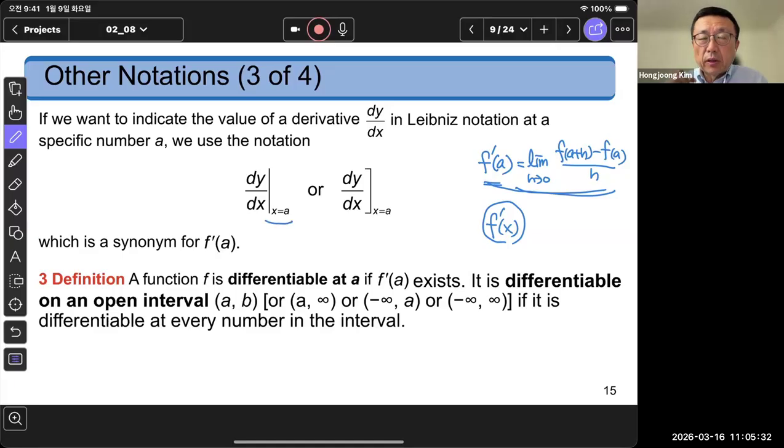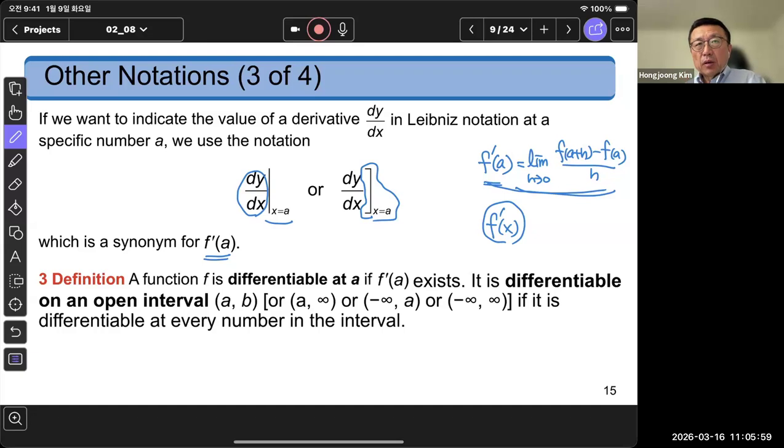This vertical line means you are evaluating this dy dx, df prime, at point a. Sometimes we use this notation instead of the vertical line. In either notation, both imply that you are evaluating the f prime at point a.